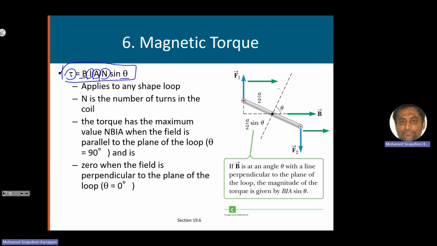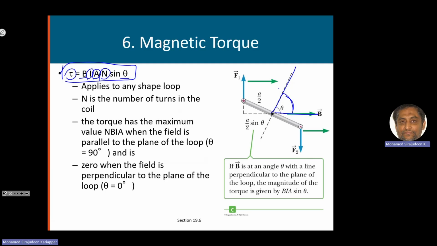Theta is the angle between the perpendicular to the loop and the magnetic field direction. Suppose the perpendicular to the loop comes like that, and this is the magnetic field; this is the angle theta.